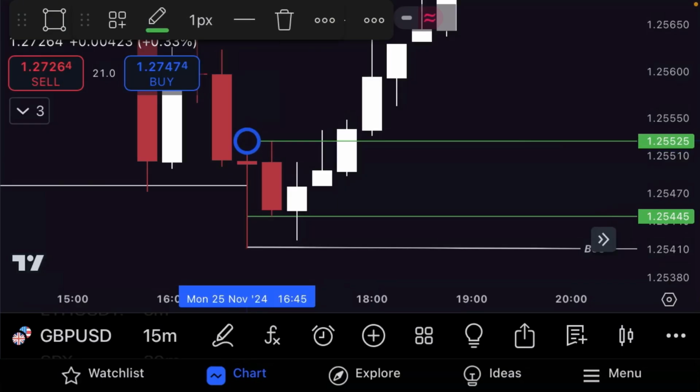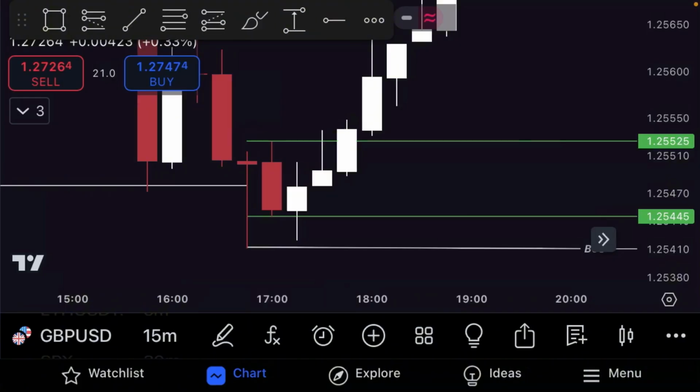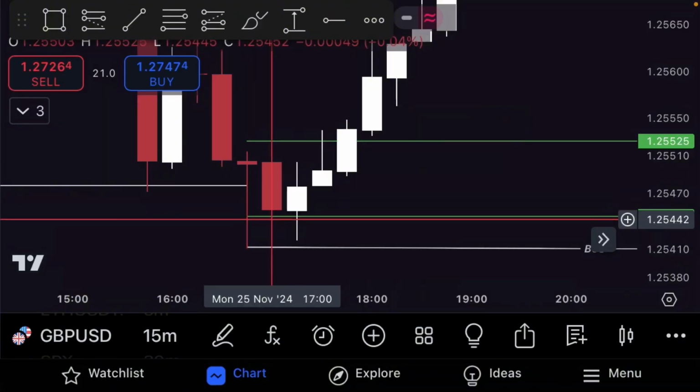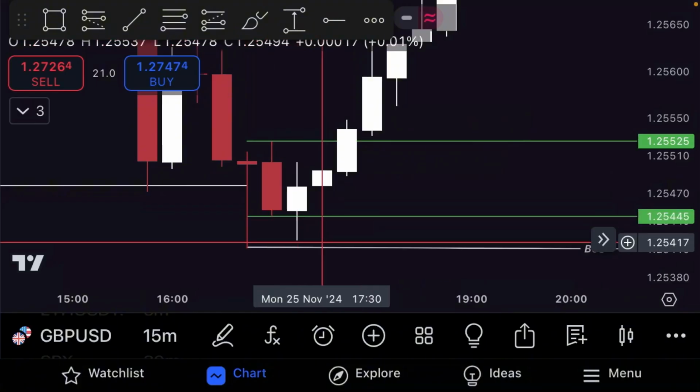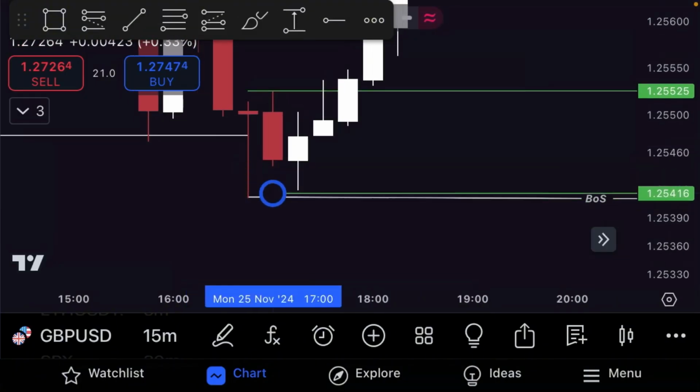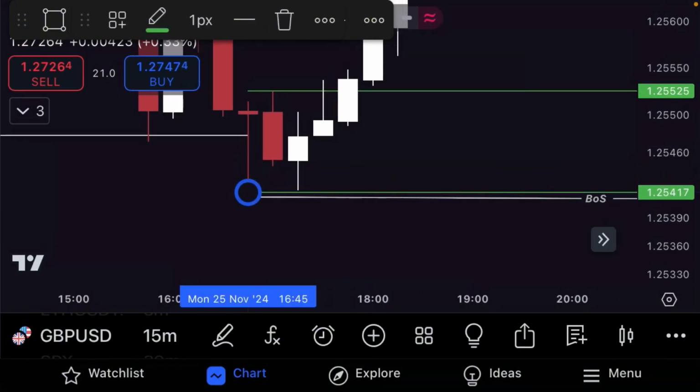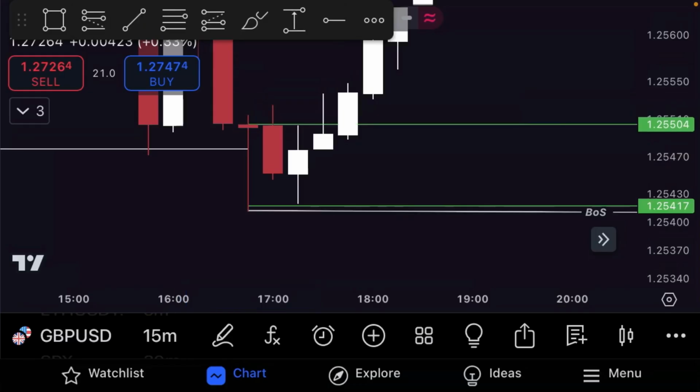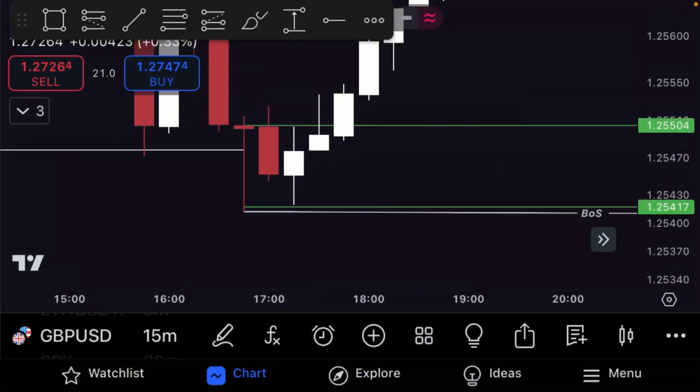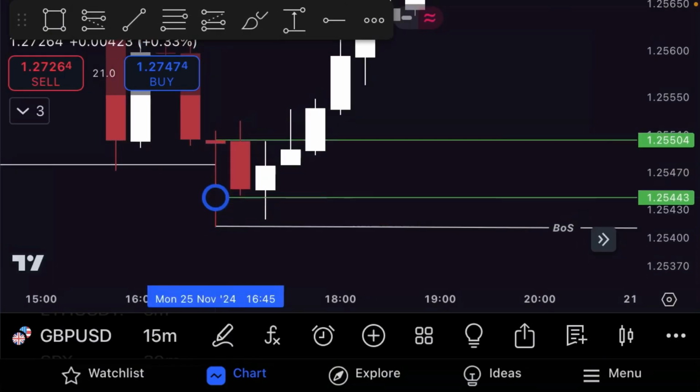But right now we can see the next one broke that candle. Since we have just one bridging that area, we can still consider that area as a valid area, since we are not going to have another one coming down to bridge this area. Once we have another one coming down to bridge this recent one after this one, it means everything is invalid. Remember I said this is the first break right here.